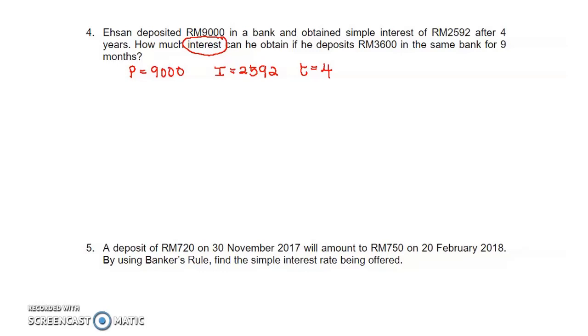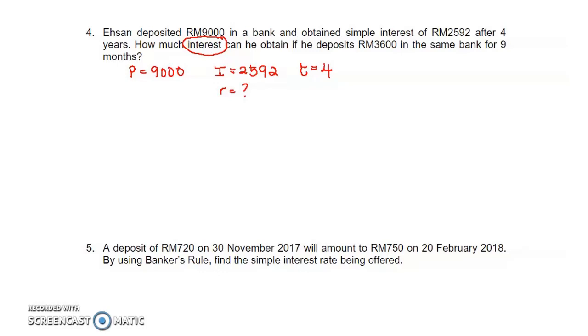Okay, the problem here is we do not know the rate of interest from this bank that gave him interest of 2,592 after 4 years. So in this case, we need to find the value of R first, then we can find the amount of interest.